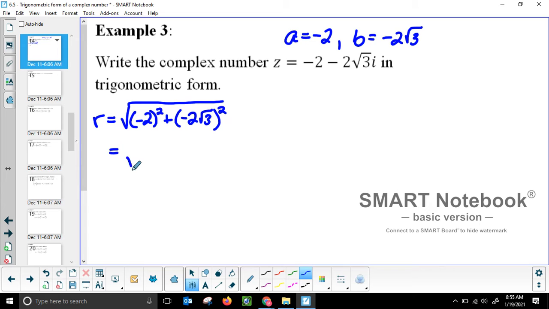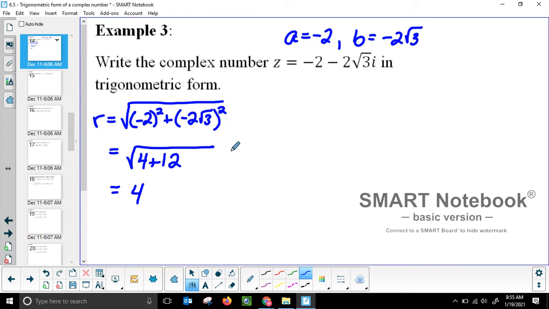So -2 squared is 4, plus -2 squared times the square root of 3 squared, which is 3. 4 times 3 is 12. 4 plus 12 is 16. The square root of 16 is 4.